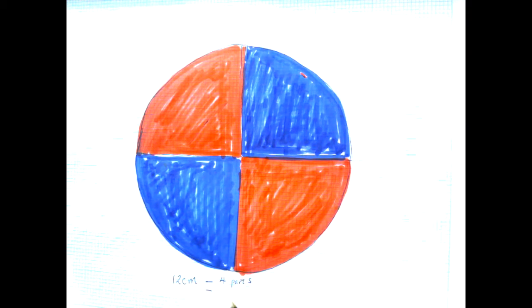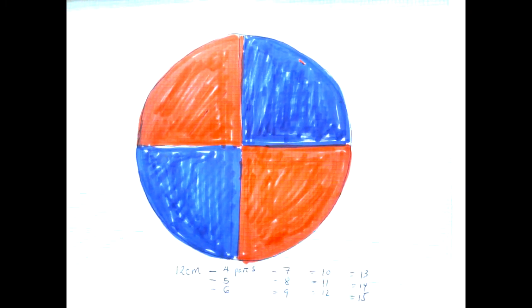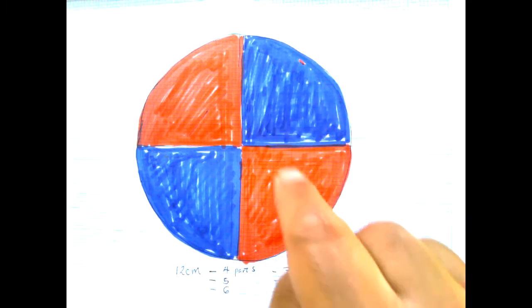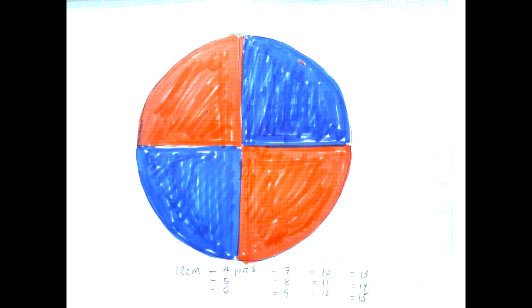Some of you would divide this into 5 parts, 6 parts, 7, 8, 9, 10, 11, 12, 13, 14, and 15 parts. That's what I'd like you to do. Once you finish, color them alternately with blue and red, just like what I did.